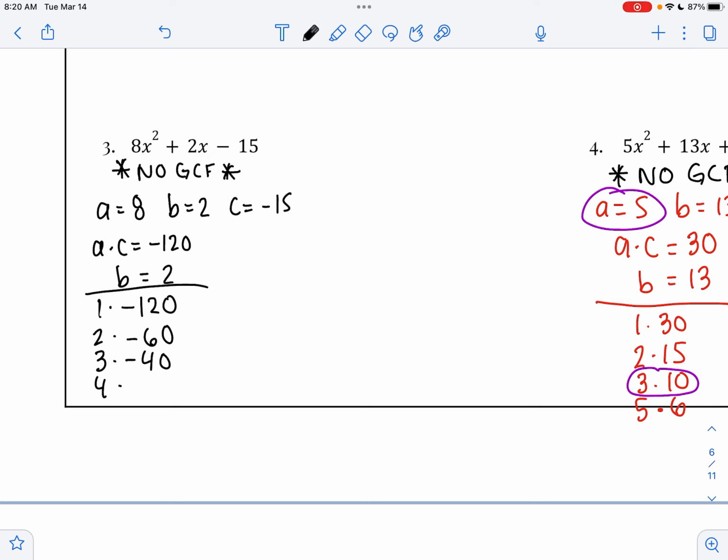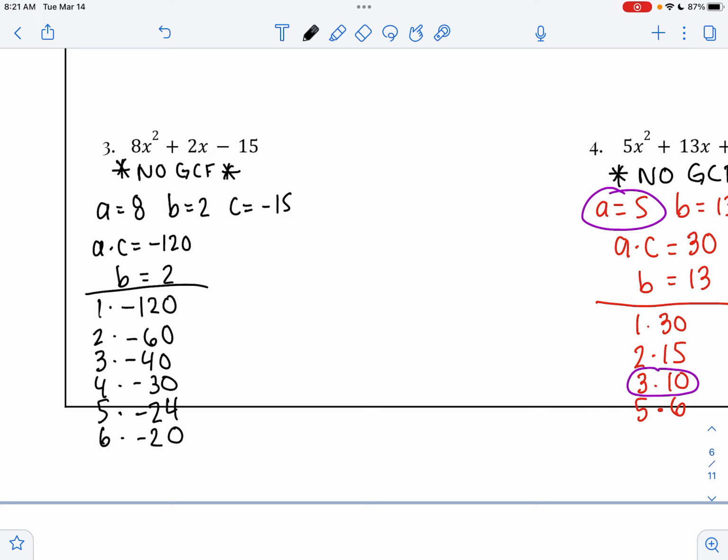Divided by 4 is negative 30. And again, we're trying to get one that adds up to positive 2. Divided by 5, 5 into 120 is 24. I think that's right. I'm sorry, you guys, I didn't do this ahead of time. Divided by 6 is 20.